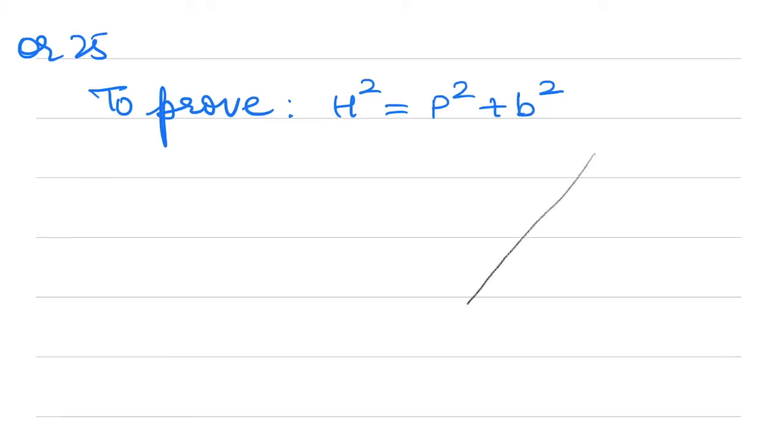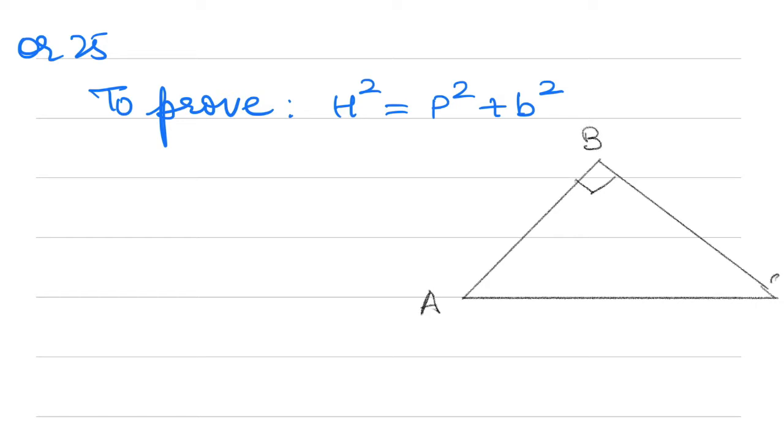Now let's take the triangle ABC, and we need to draw a perpendicular on AC, which is BD. So here basically we will need to prove that AC square is equal to AB square plus BC square.